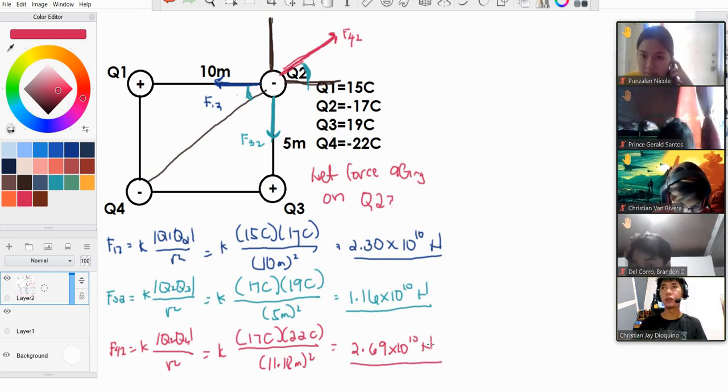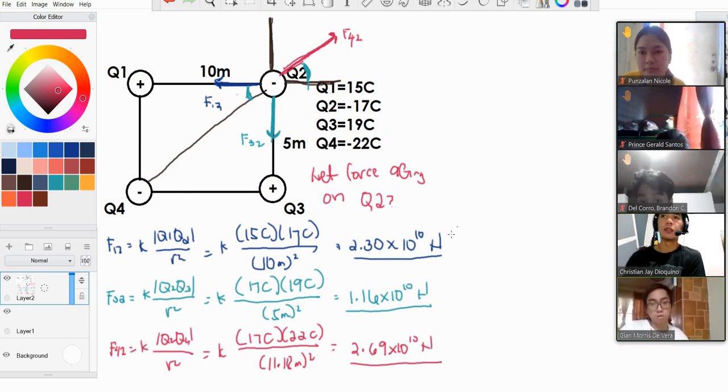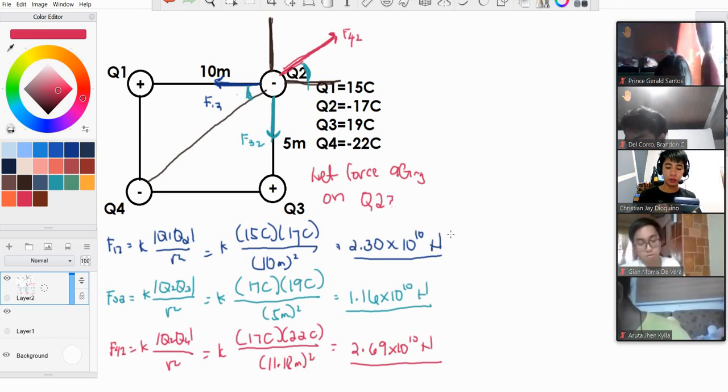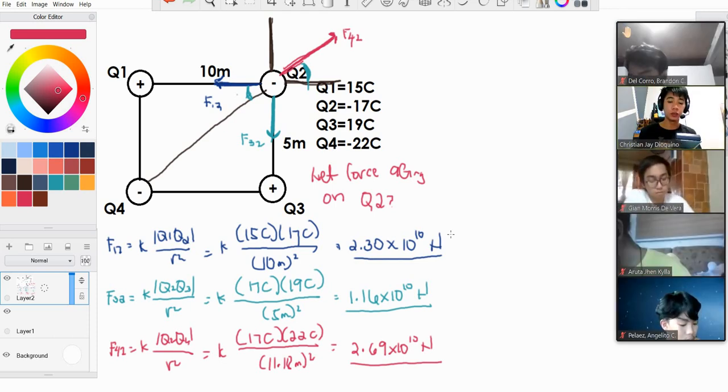Okay, thank you. Same answer, guys. Sir, my F32 is raised to 11. Let me check. 9 times 10 raised to 9, times 17 times 19, divided by 25. Oh, really, it's raised to 11.